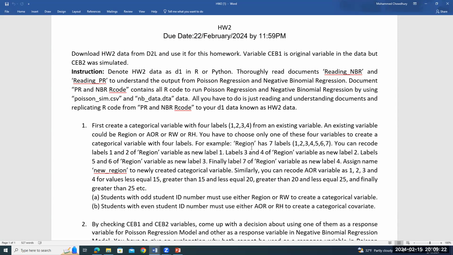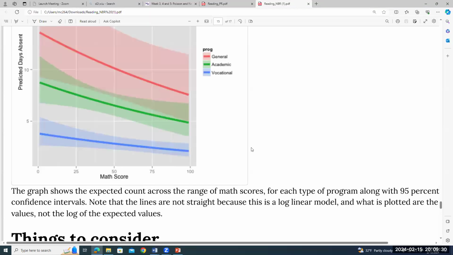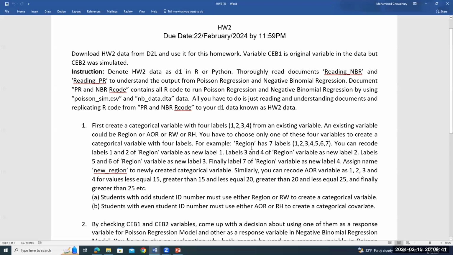You have to choose only one of these 4 variables to create a categorical variable with 4 levels. In this figure, there are 3 levels: general, academic, vocational. But your levels, how many? 4. That variable you will create from one of region, AOR, respondent weight, and respondent height.